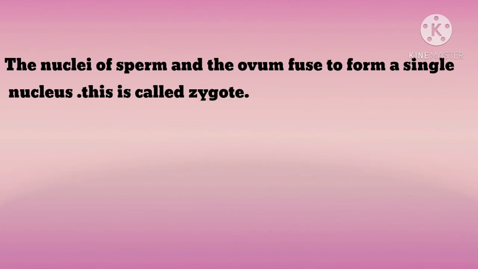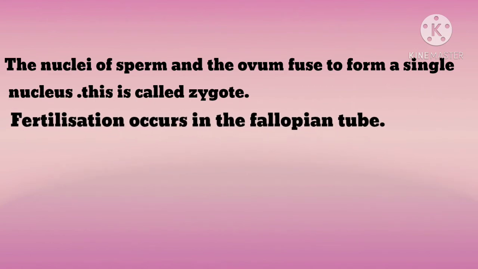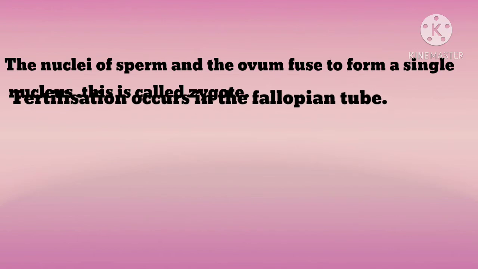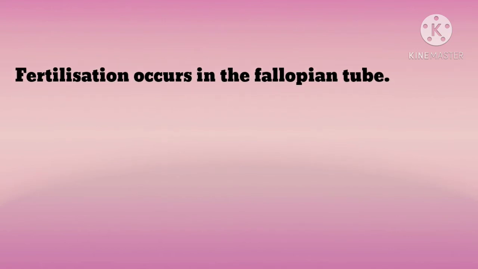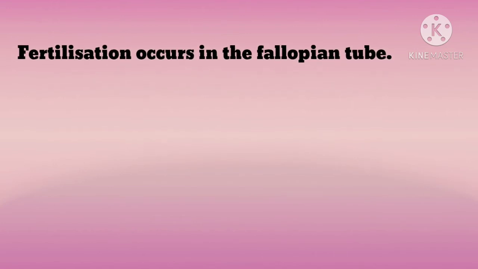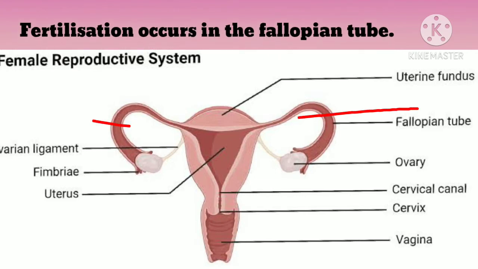So, the nucleus of one sperm and the nucleus of one ovum fuse to form a single nucleus, and that is called the zygote. Okay? And fertilization occurs in the fallopian tube, which is also known as the oviduct. Students, if you remember the diagram that we discussed in the previous lecture, in the female there were two tube-like structures which are attached to the ovary.